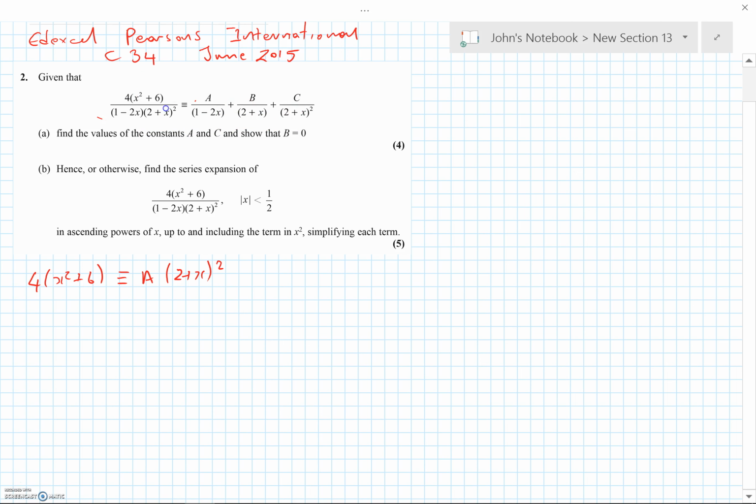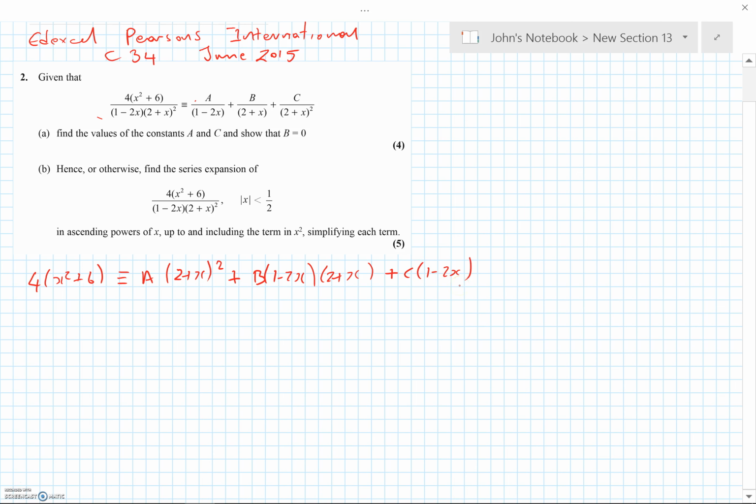If I multiply out this term here, one of the 2 plus x terms cancels, but the other one doesn't, so that's b(1 minus 2x)(2 plus x). And when I multiply out this term here, the 2 plus x cancels entirely, and I'm just left with c(1 minus 2x).